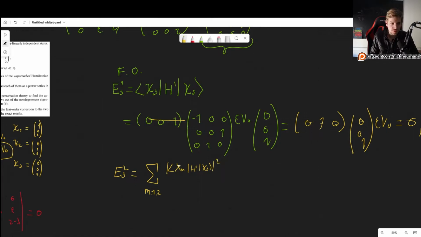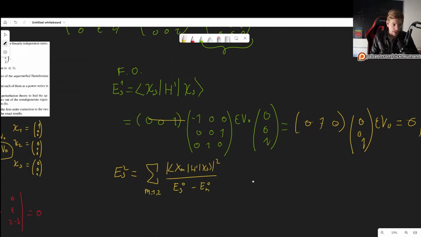The order of these two, of course, doesn't matter, whether you write the m here or there and the 3 here or there. And all of this is divided by, I believe, E m0. I'm going to double check that because I don't want to make a dumb mistake. That is E3. Yes, so it is E30 minus Em0.